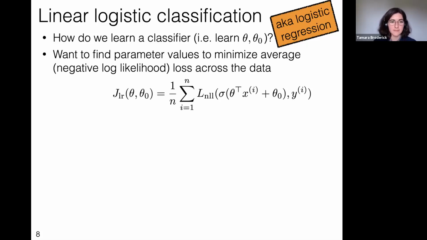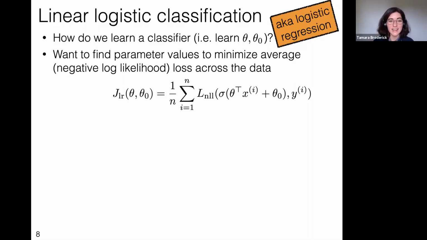Okay, so let's give this a name because we're going to be working with it. The subscript LR can stand for logistic regression, because again, we're doing this classification. You might call it linear logistic classification if you wanted to describe it in exactly clear words, but in general, it's called logistic regression.